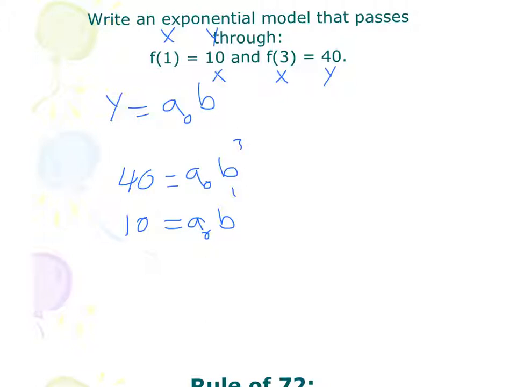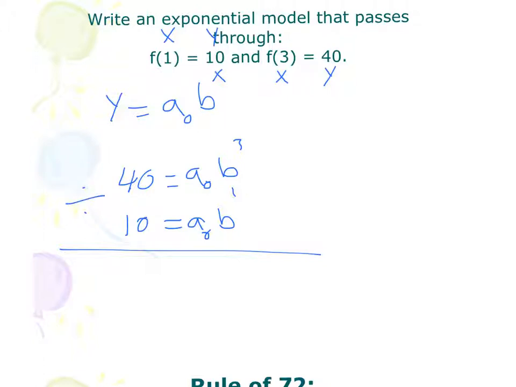Now what I have here is 2 equations with 2 variables, which I can solve. Hopefully this situation reminds you of elimination that we looked at earlier this year when we had 2 equations with 2 variables. The difference here is that these are exponential models, not linear. I'm going to do something really similar. But remember, with linear equations, I added or subtracted the 2 equations to get a variable to cancel.